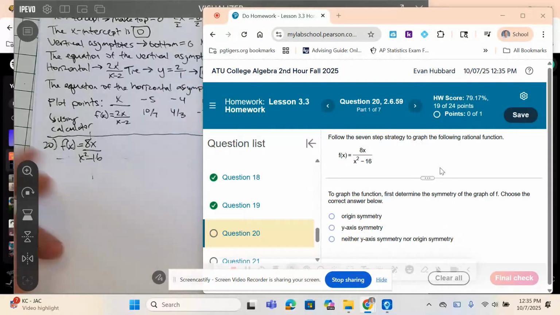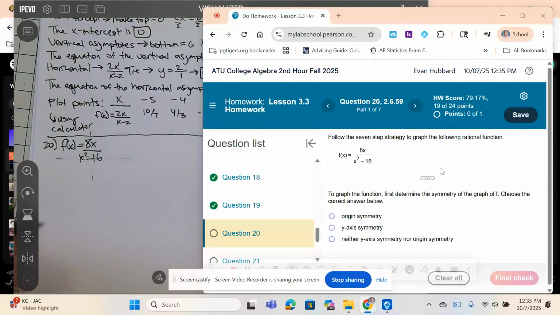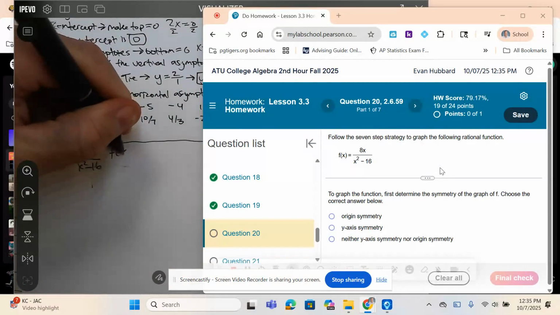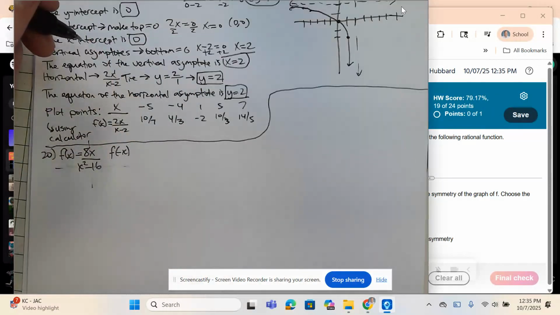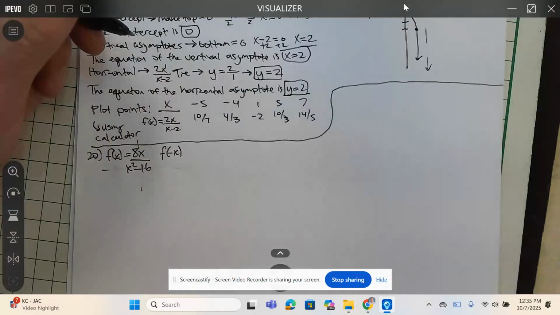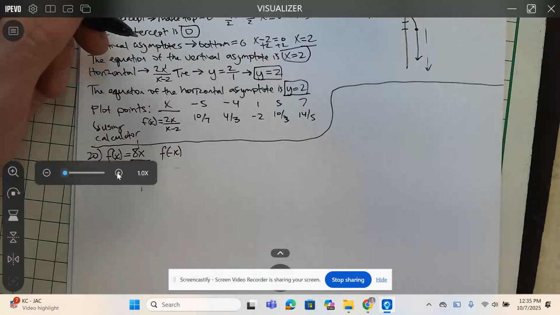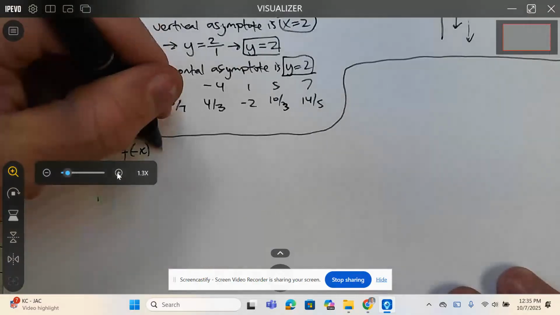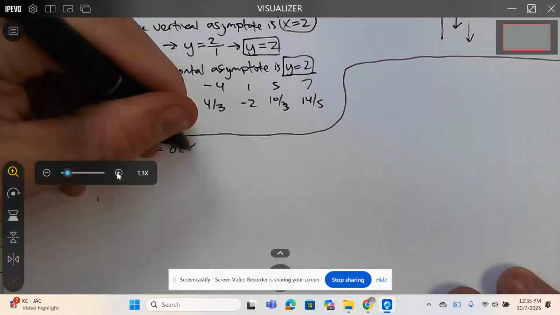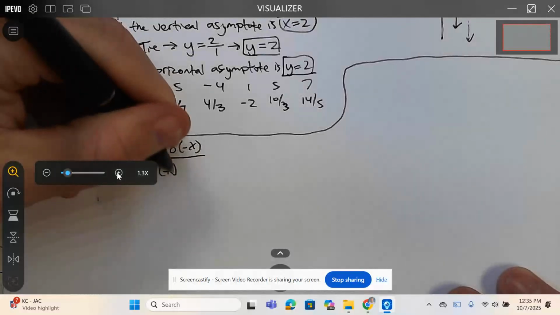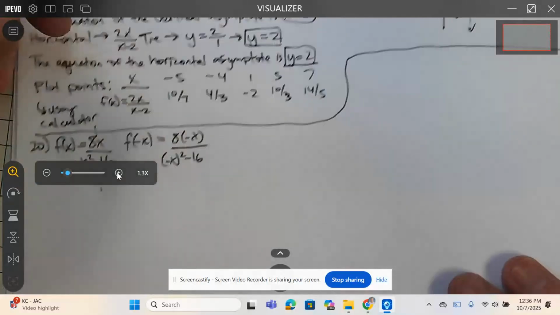Okay, but we got to check symmetry first. So I'm going to find f of negative x. So f of negative x means you plug in negative x anytime you see x. And you see what that simplifies to.